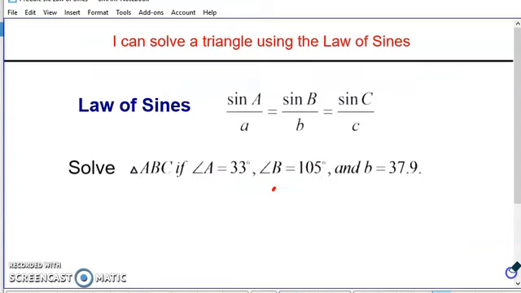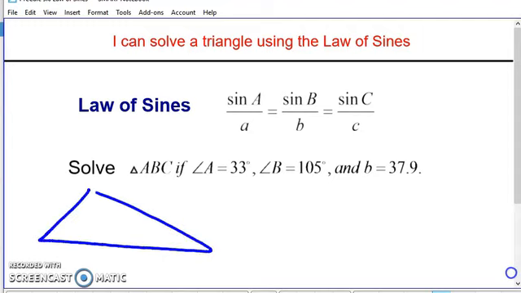Okay, so once again, we're going to start out by quick sketching a triangle. I'm not going to worry too much about what it looks like. This is 33, this is 105, opposite B is 37.5. Okay, I just want to know what's opposite what.